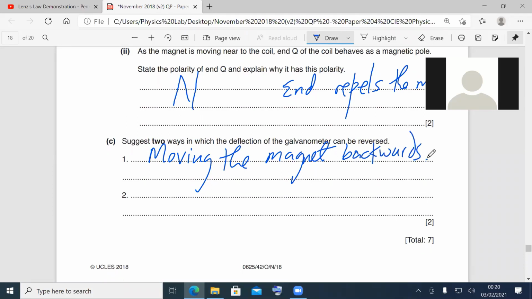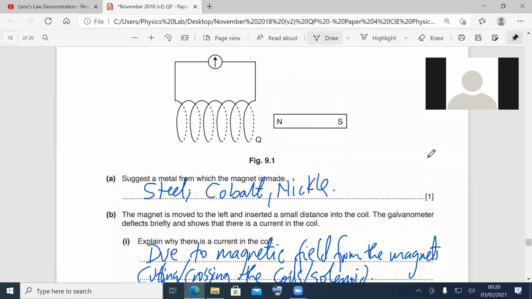That is what we observed last time. According to the question, when the magnet is moving towards the coil, the galvanometer pointed in one direction. So they want us to tell what we can do to reverse that deflection. If this one was coming in, then simply pull it backwards. That is one way. Any other one?